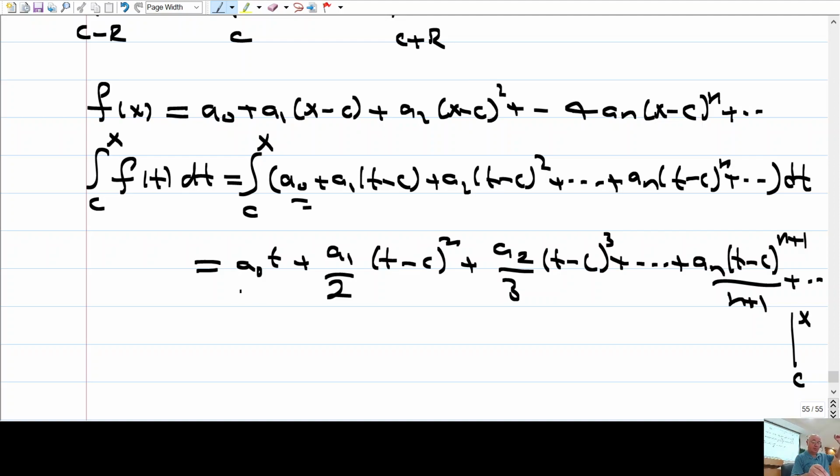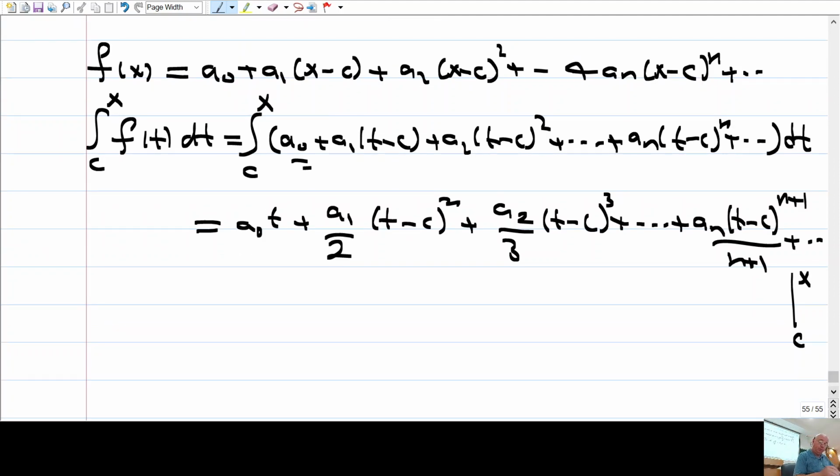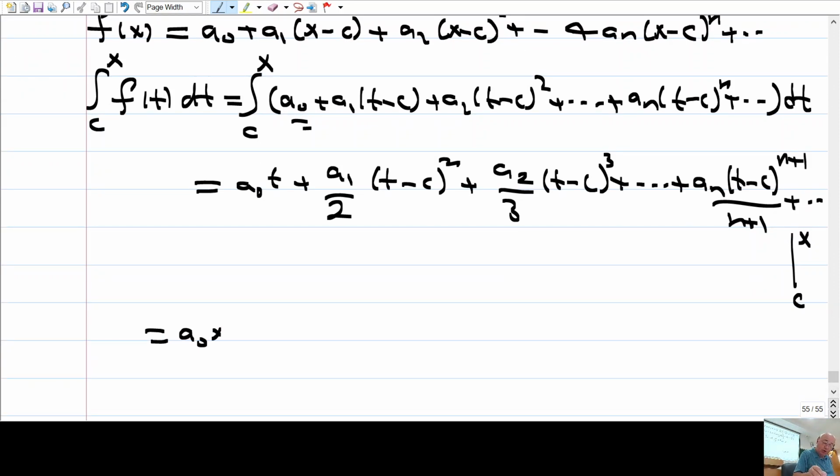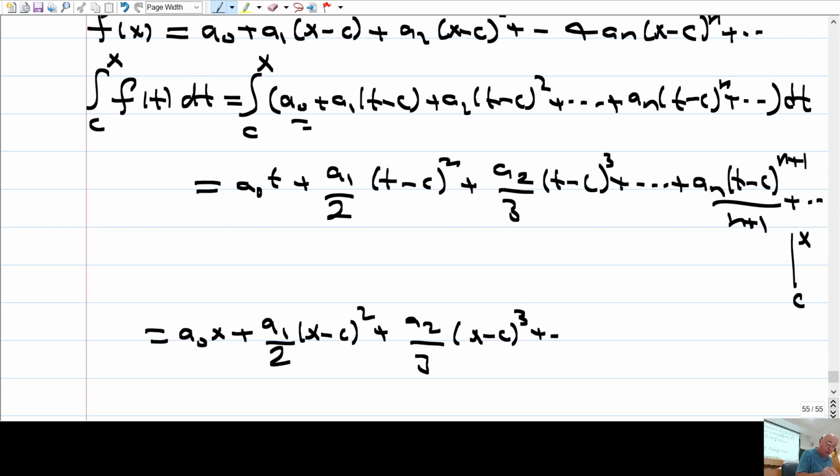Let's put the boundary values. When I plug x, I get a0 x and then a1 over 2 (x minus c) squared, a2 over 3 (x minus c) cubed, up to an over n plus 1 (x minus c) to the power n plus 1, and goes like this.